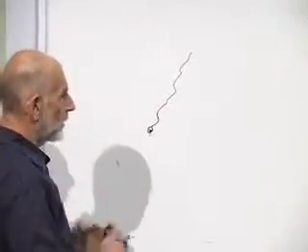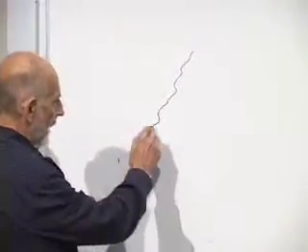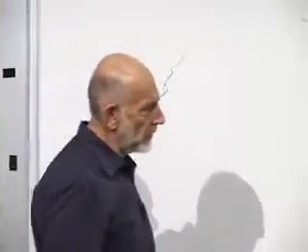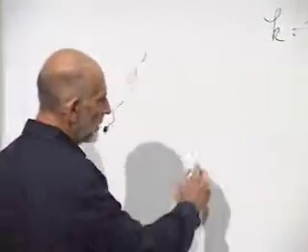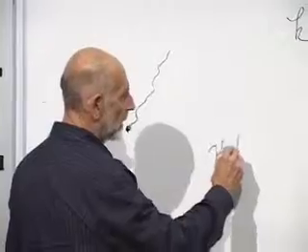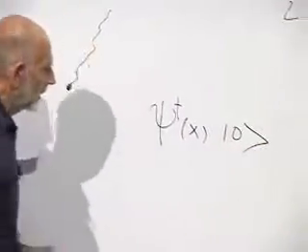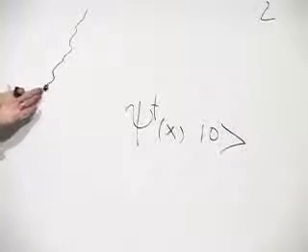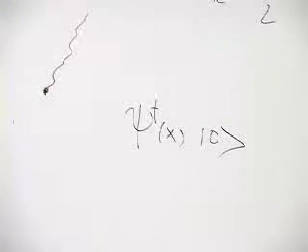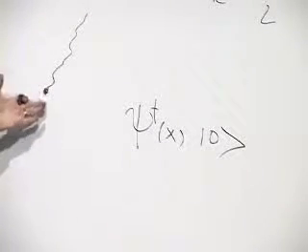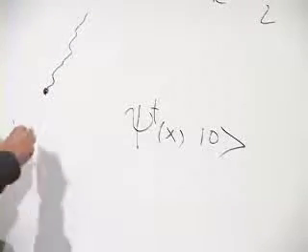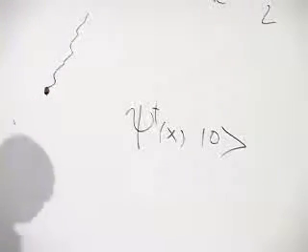All we want to do is create a photon at point x. So that's just psi dagger of x acting on the vacuum. This would be the decay of an object producing a photon, or just the emission of a photon from a point x. What does this give?